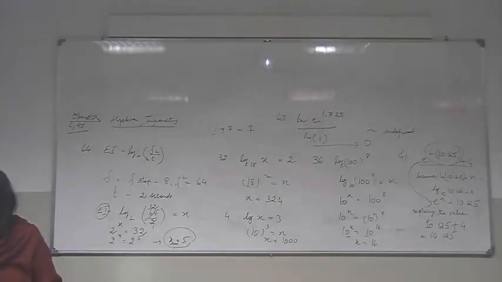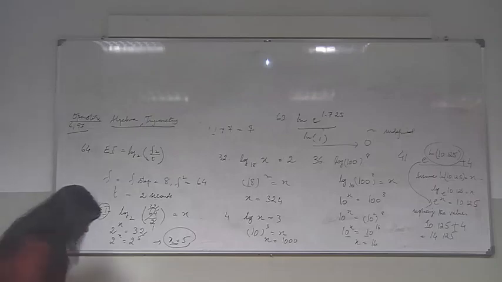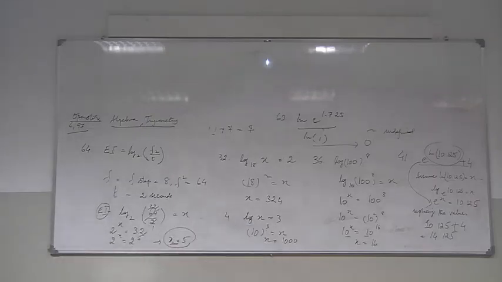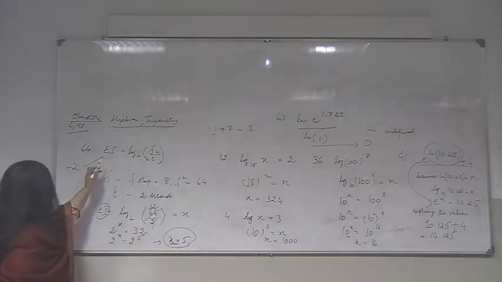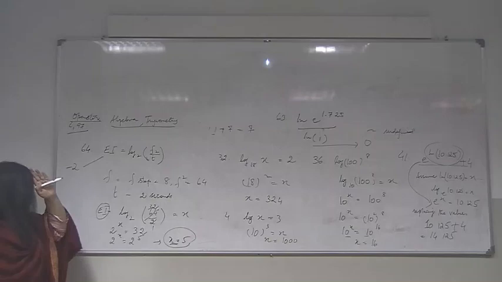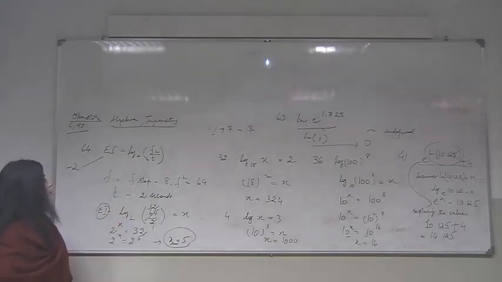Let me read the question: refer to the previous exercise and suppose a light meter on a camera indicates an EI of -2. So in this case, you're just replacing the value of EI as -2, and you'll have the whole equation as the same. You're just going to be finding the value of f squared, whereas T you already have.